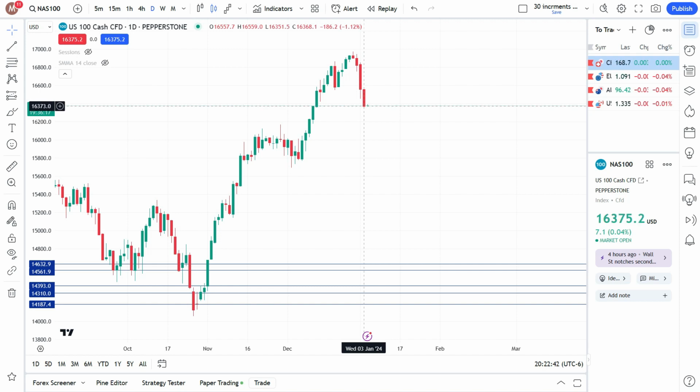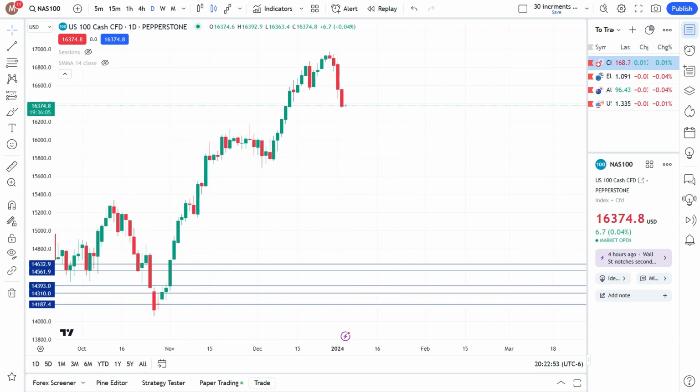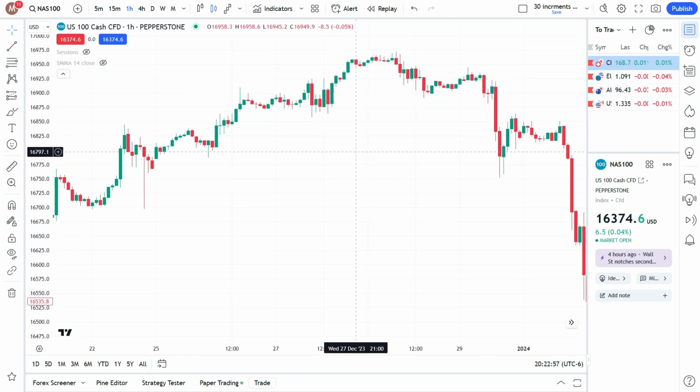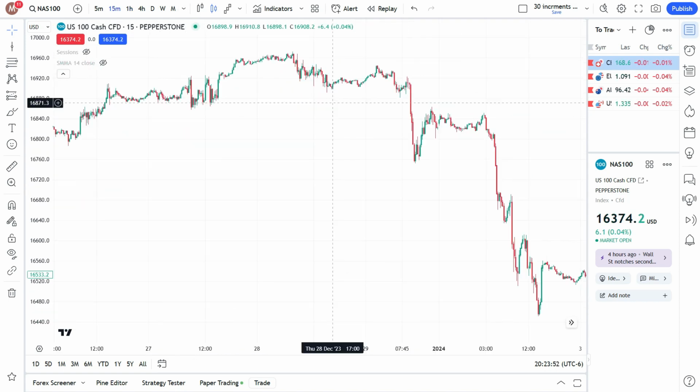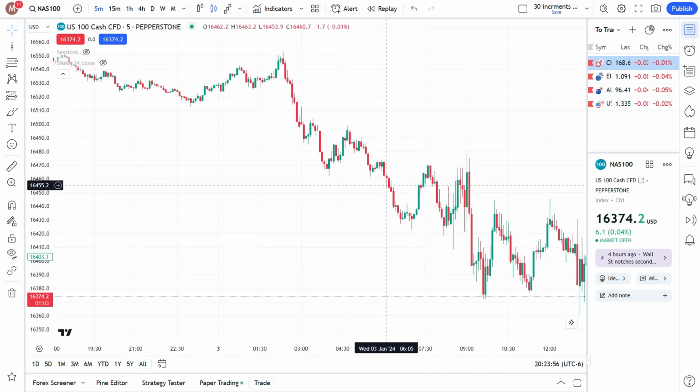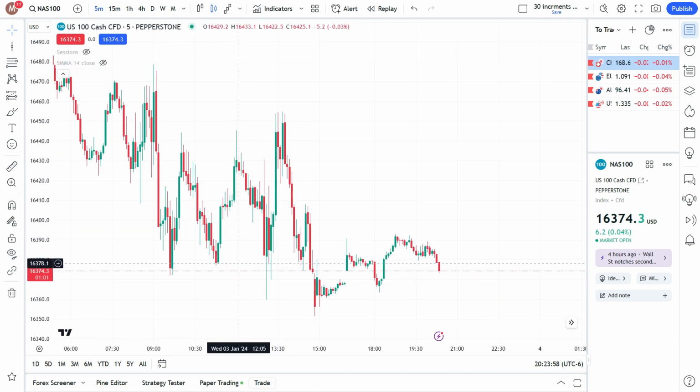Well, this is today, Wednesday, January 3rd, as I'm filming this video, on this candle. So now you know that each time frame is going to mean something different with the candle. If I was on the 5-minute, each of these little candlesticks that printed would be 5 minutes and so forth.